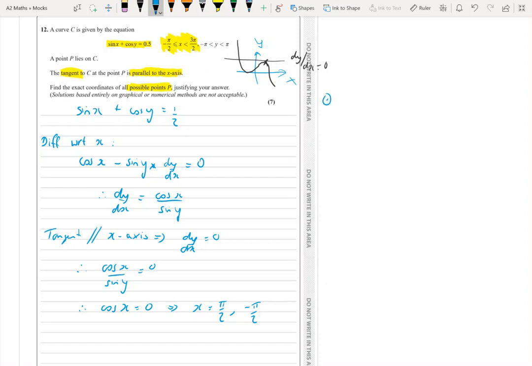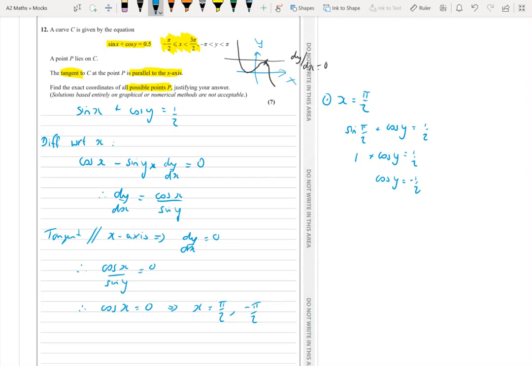Let's look at the first case, which is when x equals pi over 2. And we substitute that into the equation of the curve. Sin pi over 2 plus cos y equals a half. Sin of pi over 2 is 1. So 1 plus cos y is a half. Cos y is negative a half.